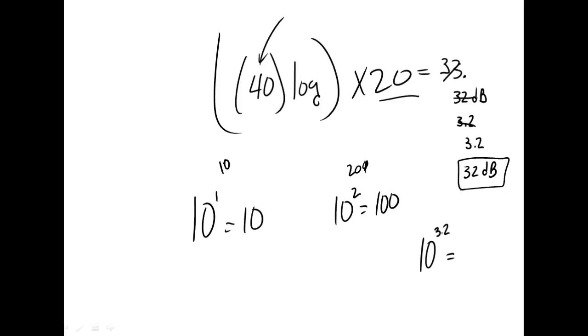It's going to be greater than 1,000. What is it? Okay. Something's coming out wrong. You sure this is 32 dB? 32 dB is a lot.